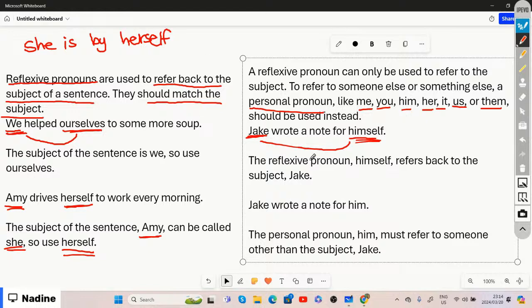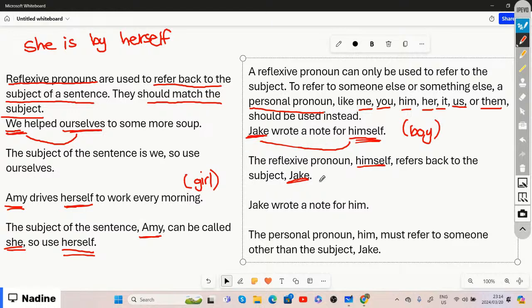And then it says the reflexive pronoun himself refers back to Jake, being a boy. And here where Amy drives herself to work, it refers back to Amy being a girl.